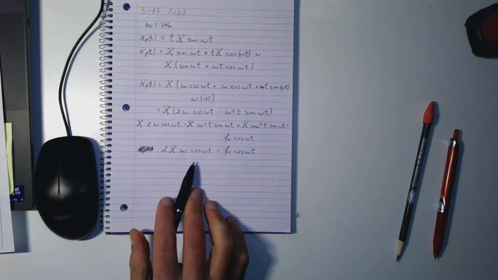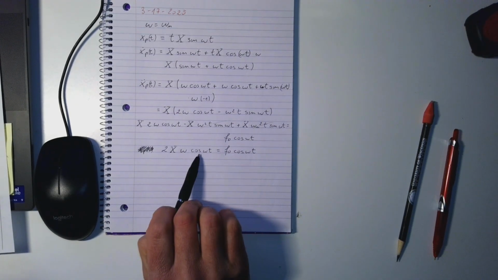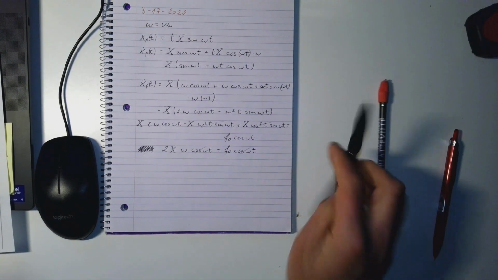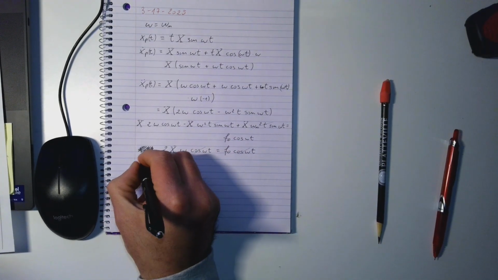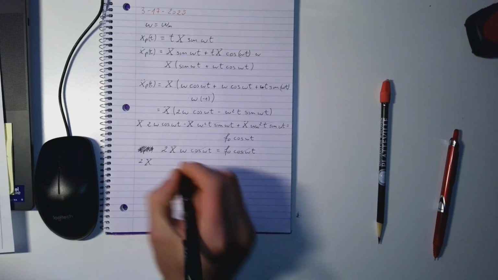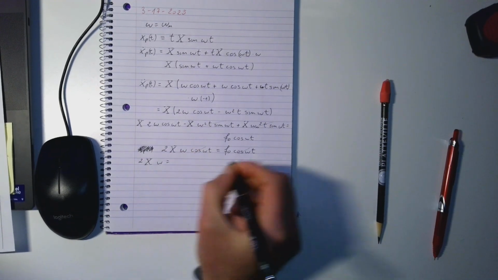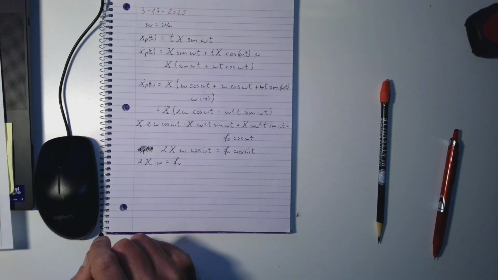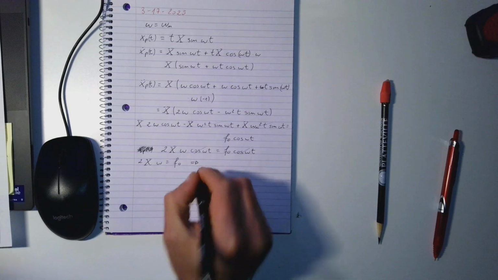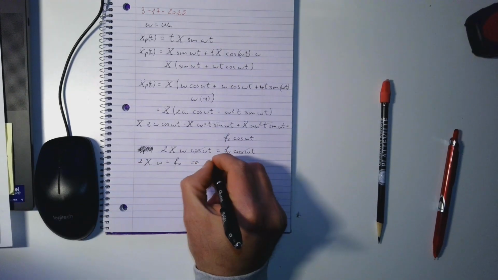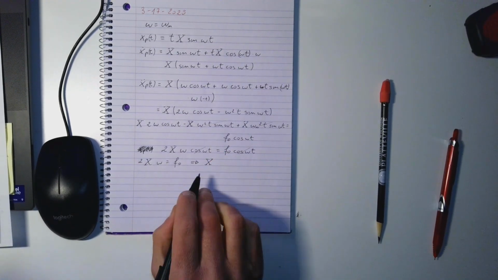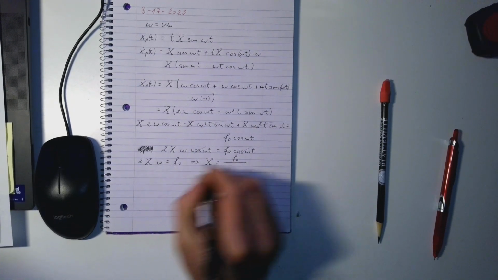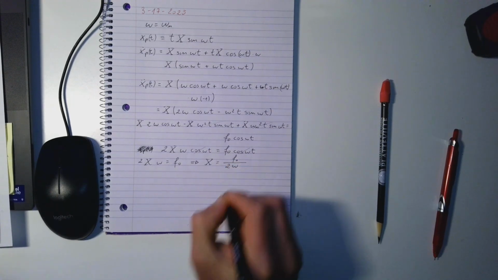Even in this case we can simplify more, because we have cosine of omega t on both sides, so we can get rid of it, and now we are left with 2X omega equal to f0, which means that our term X, which is exactly what we are searching for, will be equal to f0 divided by 2 omega.